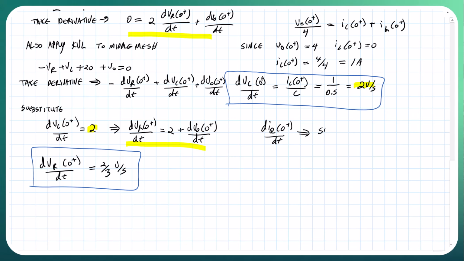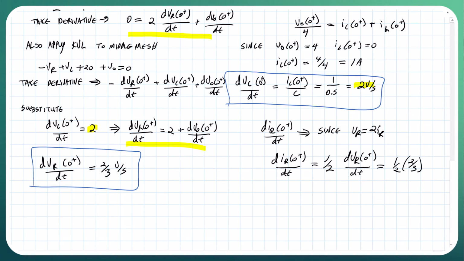We know since VR is equal to 2IR, we can say our diR over dt is equal to 1/2 dVR over dt, which is really 1/2 times 2/3, where the 2/3 is coming from here.